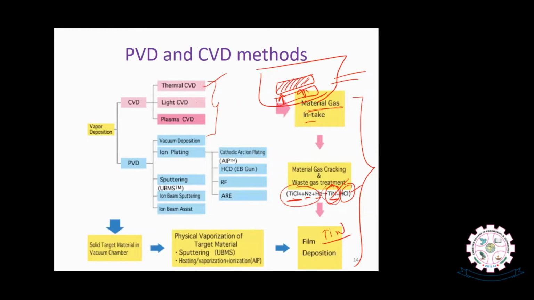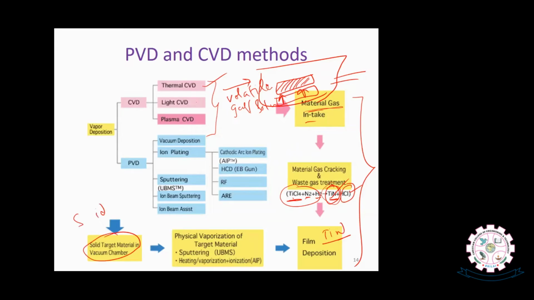So in the case of CVD, I will always start with volatile gases or solutions. And in the case of PVD, what do we do? In PVD also, we have varieties of techniques. In physical vapor deposition, we start with a solid material.